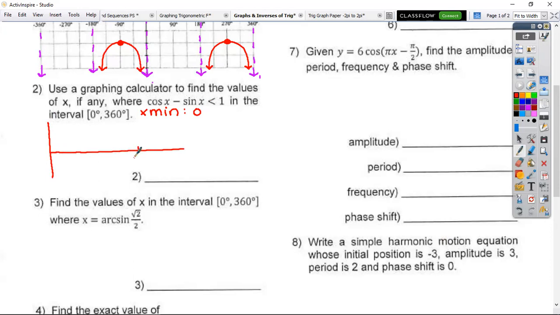Here was your 270. And then we had 0. And then it kind of started up like this. And then here would be like 90, here would be like 180. And it kind of looks like this went back up like this.